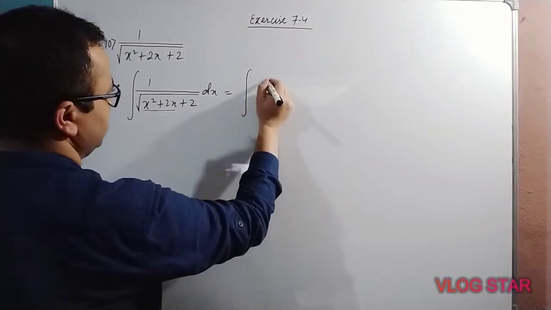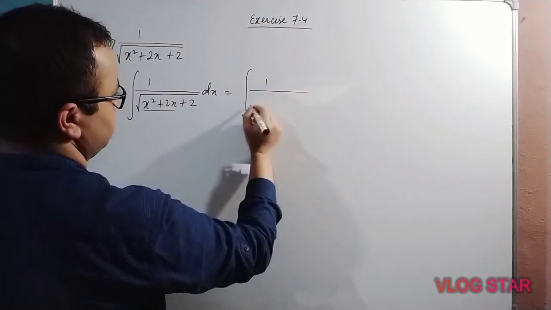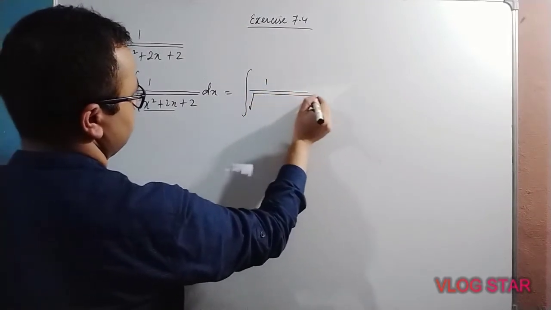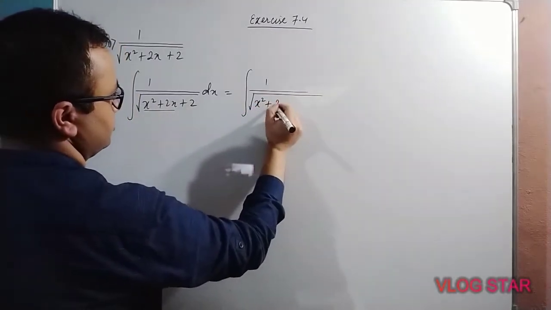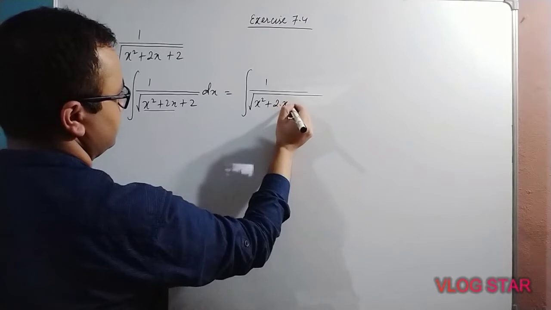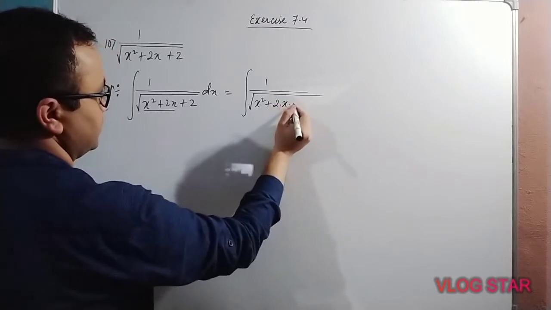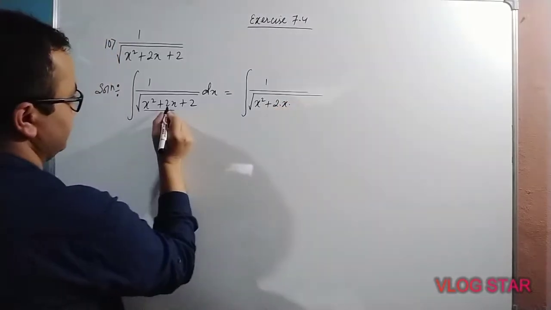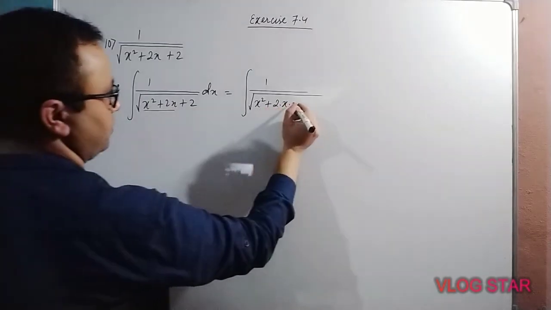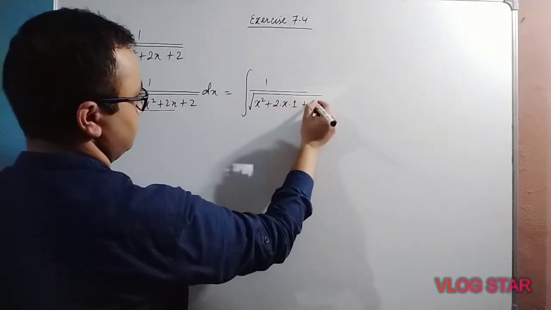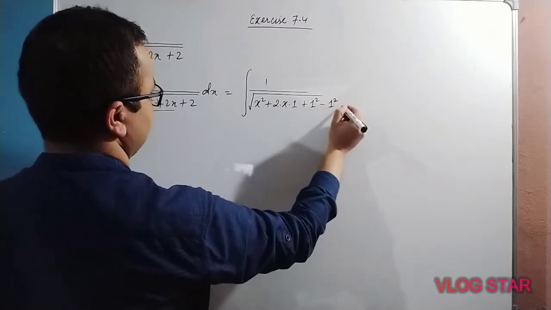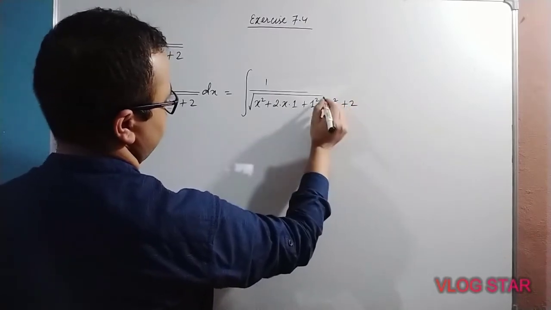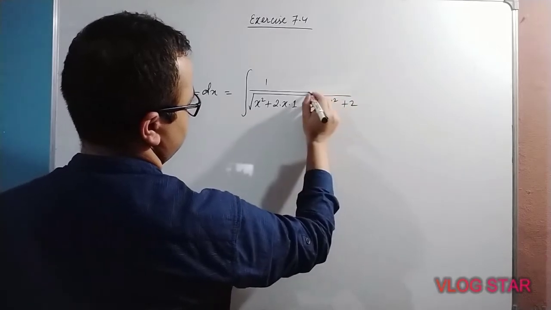Now find out b. 1 by root over a square plus 2 into a into b. If you multiply b with 2, you will get 2x. So b is 1, plus b square. For balancing we will put minus 1 square, then the last one is 2 dx.